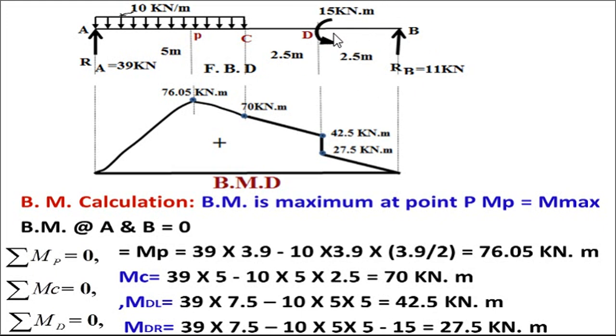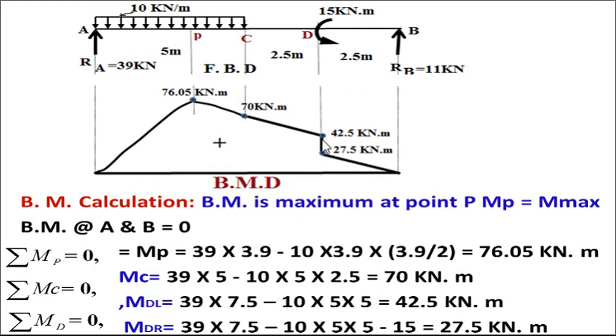Plus the anti-clockwise moment of 15 from the UDL, half of 11, 5.5, plus 22. If you add 27.5 plus 15, it will be 42.5. This means you will get this ordinate, and the same ordinate we have got here from A. Now from B also you will get the same ordinate.